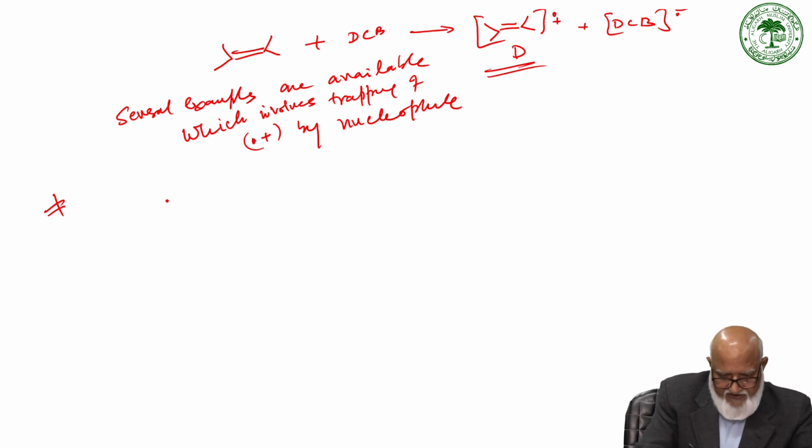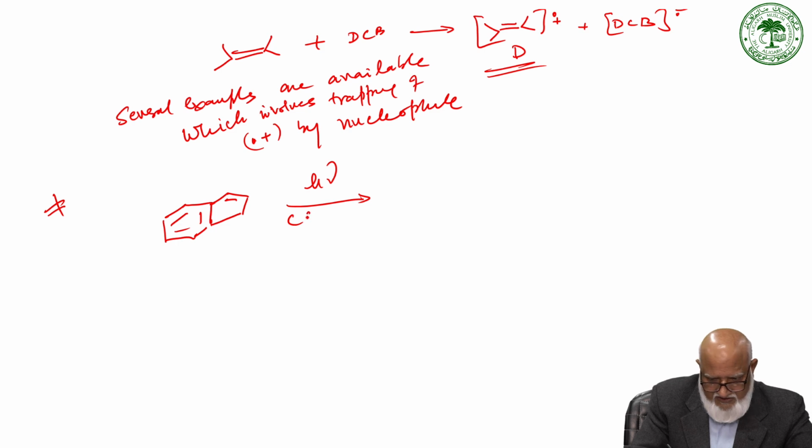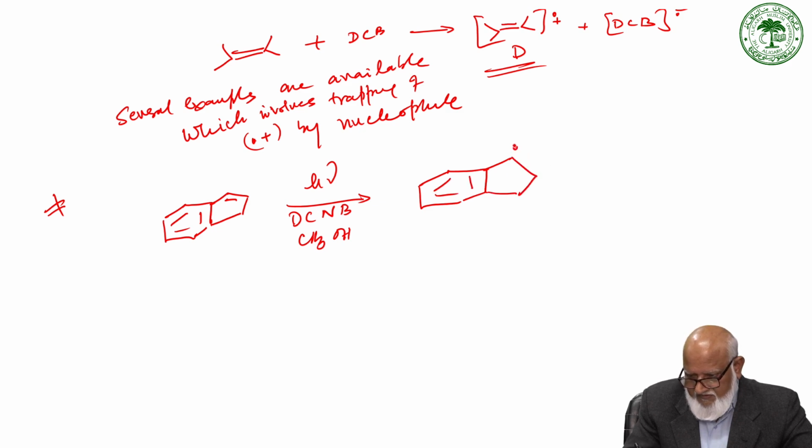So if we have a system like this, the indene, this alkene acts as an electron donor, and when it is irradiated in the presence of dicyanobenzene in methanol, it gives a radical cation.